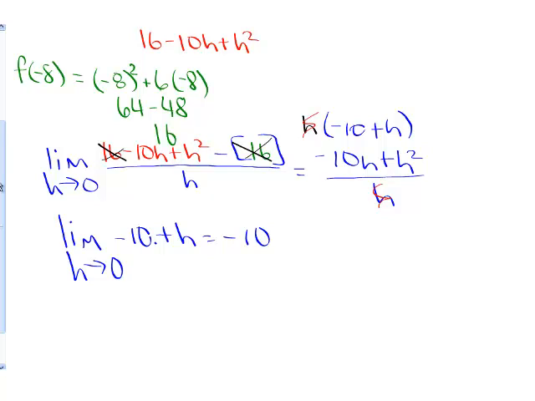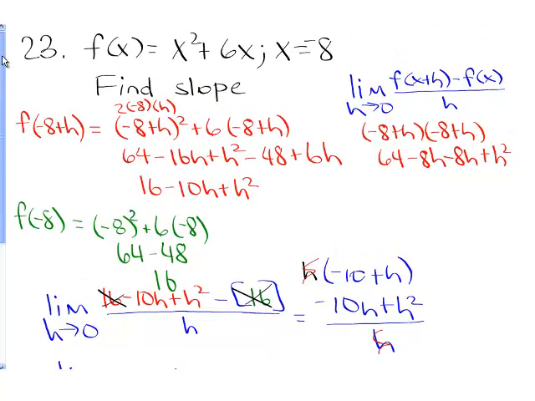No, the tangent's negative 10. The normal would be 1 over 10. And all they ask us for on 23 is just to find the slope of the tangent.